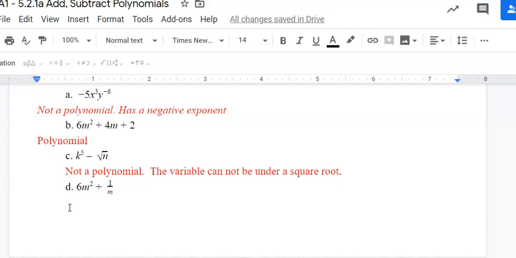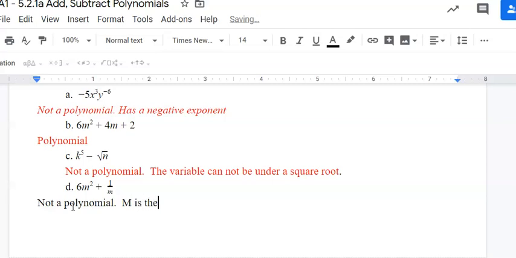Well, in the definition of a polynomial, you cannot have a negative exponent. So 1 over m is a negative exponent. It's m to the negative 1 power. So variables cannot be in the denominator for that reason. So it's not a polynomial.